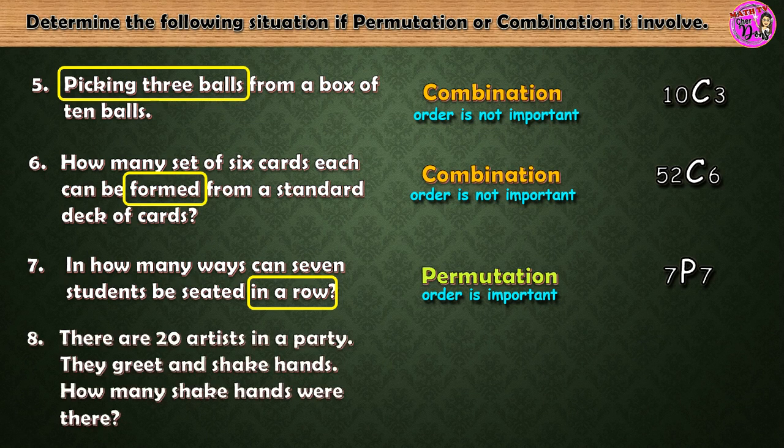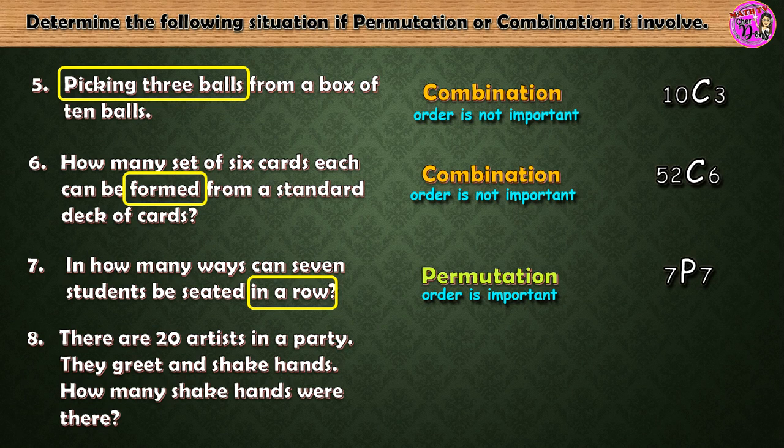Number 8. There are 20 artists in a party. They greeted and shook hands. How many handshakes were there? In this question, we don't have any keyword. Let us analyze the situation. Let's say Sharon Cuneta shook hands with Lorna Tolentino. Does it make any difference if Lorna Tolentino shook hands with Sharon Cuneta?